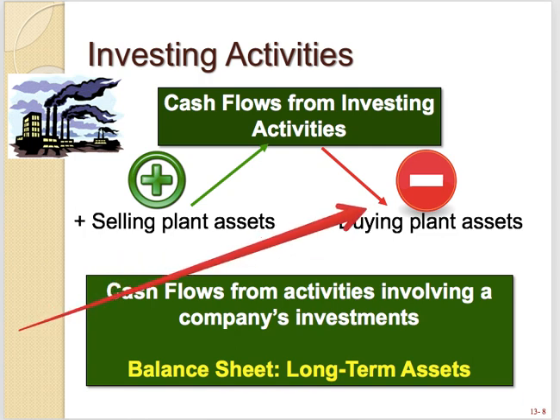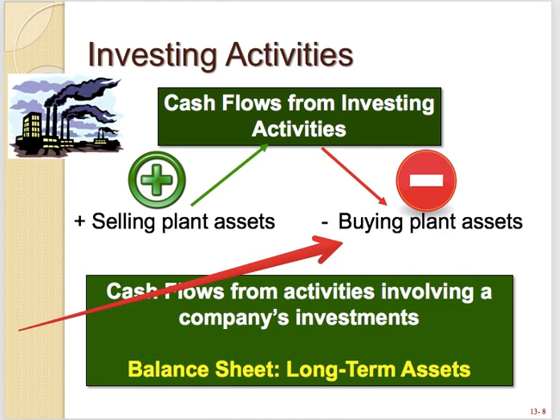So if you buy a plant asset, that's going to decrease your cash flow. That's going to be a negative investing cash flow. And also, if you sell those assets when you're done with them, that's going to bring in cash. So that's a positive investing cash flow. So anytime you're buying or selling those plant assets, that's going to be considered an investing activity.